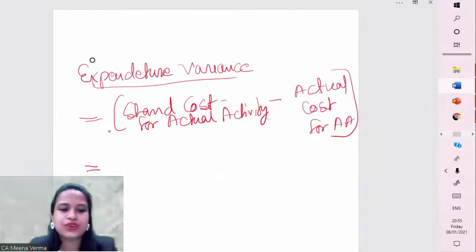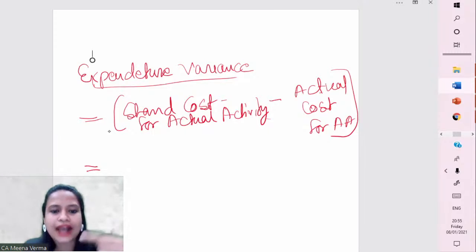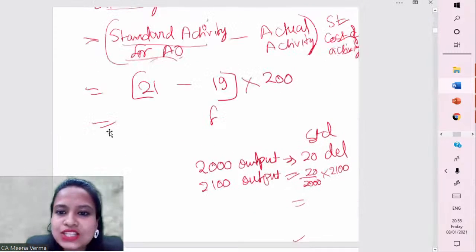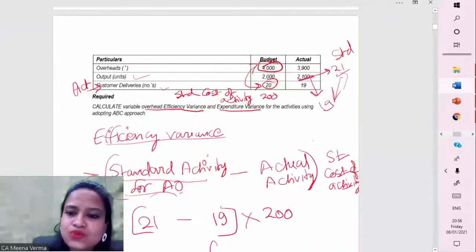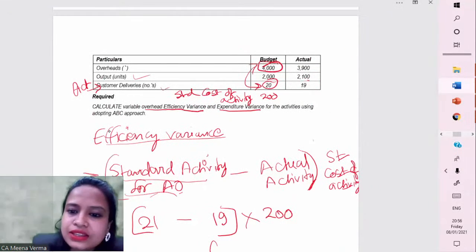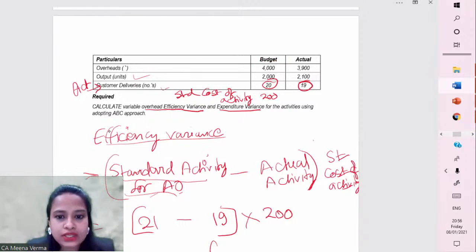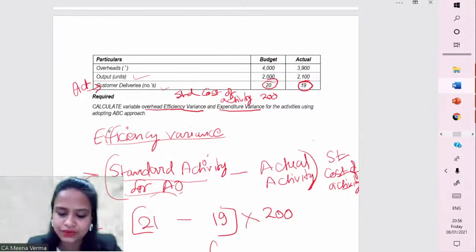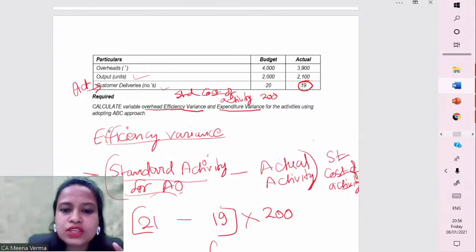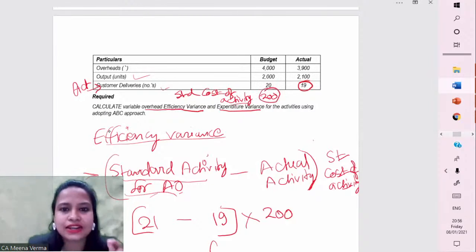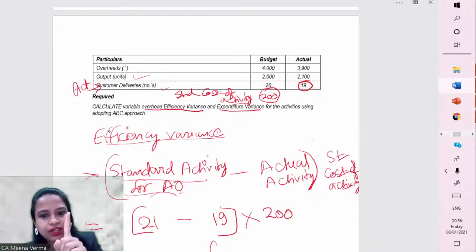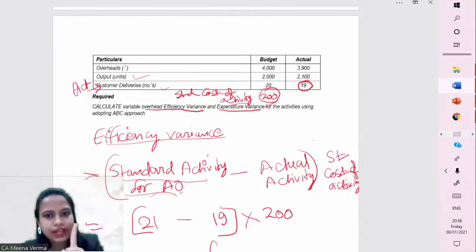Next is the expenditure variance. What is expenditure variance? Standard cost for actual activity. What is actual activity? 19 is the actual activity. You can see here, this is the actual activity. They're asking you for standard cost for actual activity. This is the standard cost of one activity.